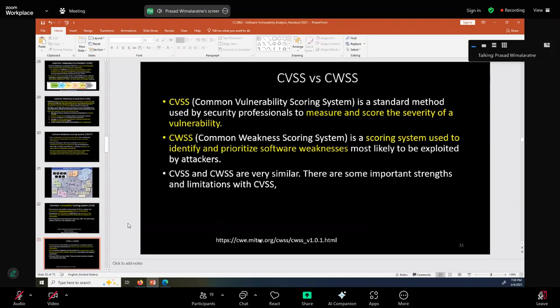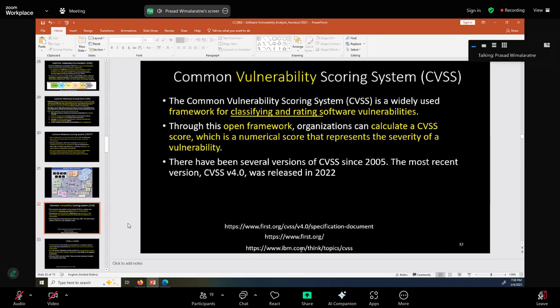Some of the links I just put here are from IBM's perspective, and this non-profit organization first.org has taken over and developed CVSS version 4. So you can have a look at them. The link to the specifications is also here, right?